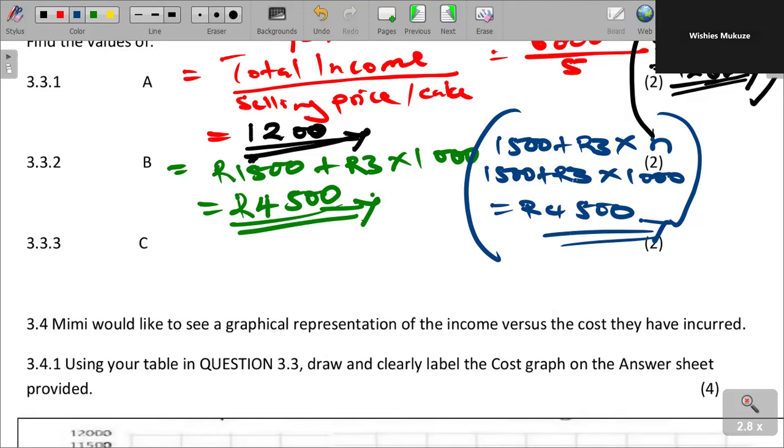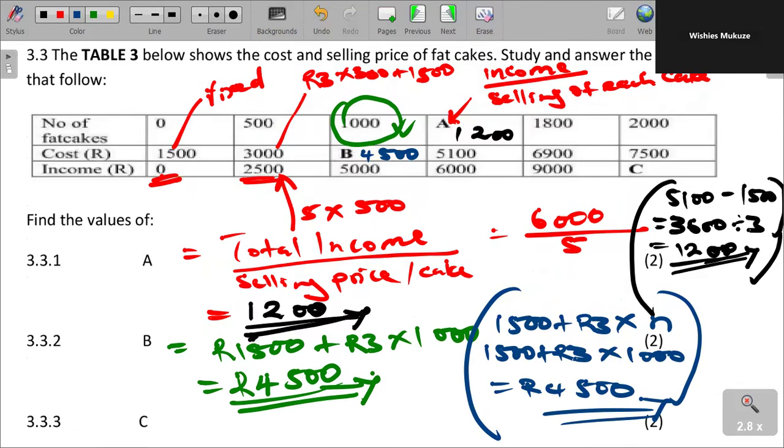And then C, calculate C. What do we need to calculate? Income.